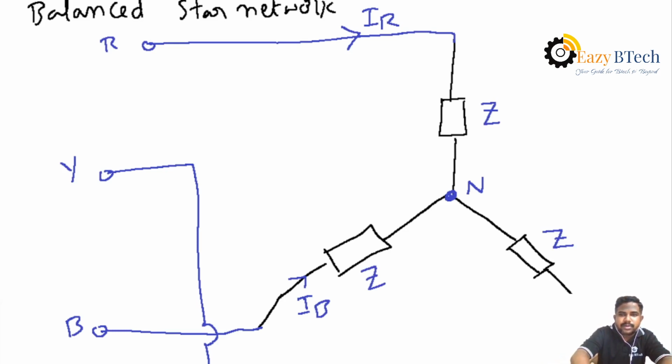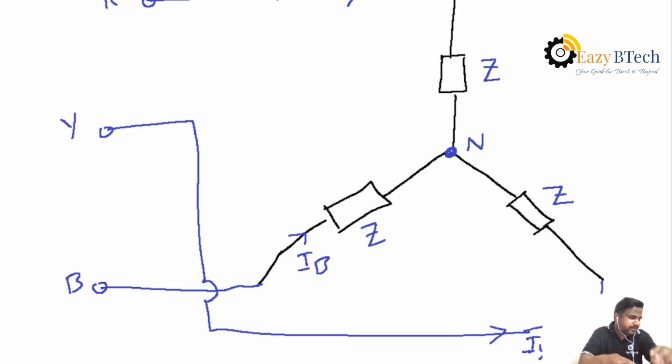Then what are the voltages? This is R and Y. Between R and Y, we consider the voltage as VRY.